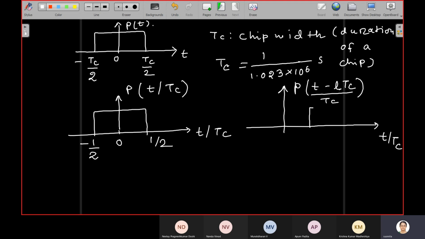So this will be shifted. The center line, which was 0 here, will be shifted by L.